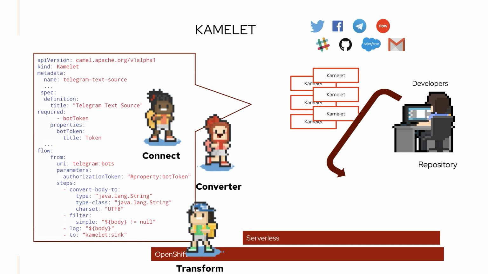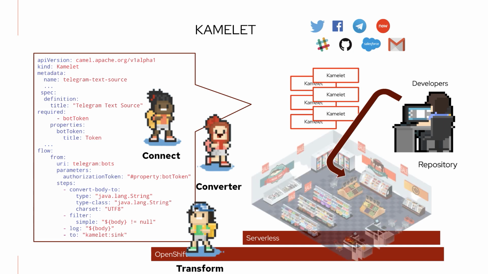So once you've done that Kamelet, these developers can then place all these Kamelets and install them on OpenShift. So OpenShift will then become this great marketplace. As a user, you can go onto OpenShift or Kubernetes and find out what Kamelets are available to you. You just need to configure that.